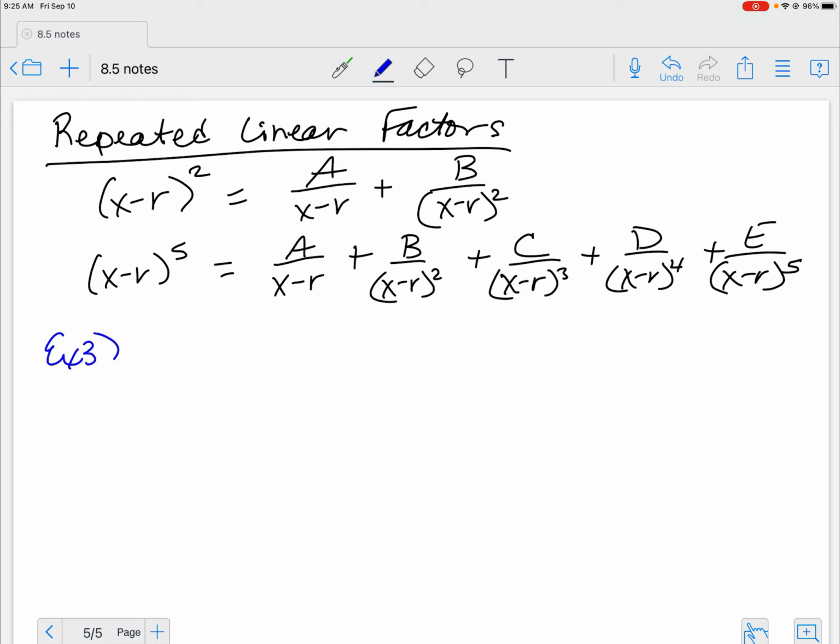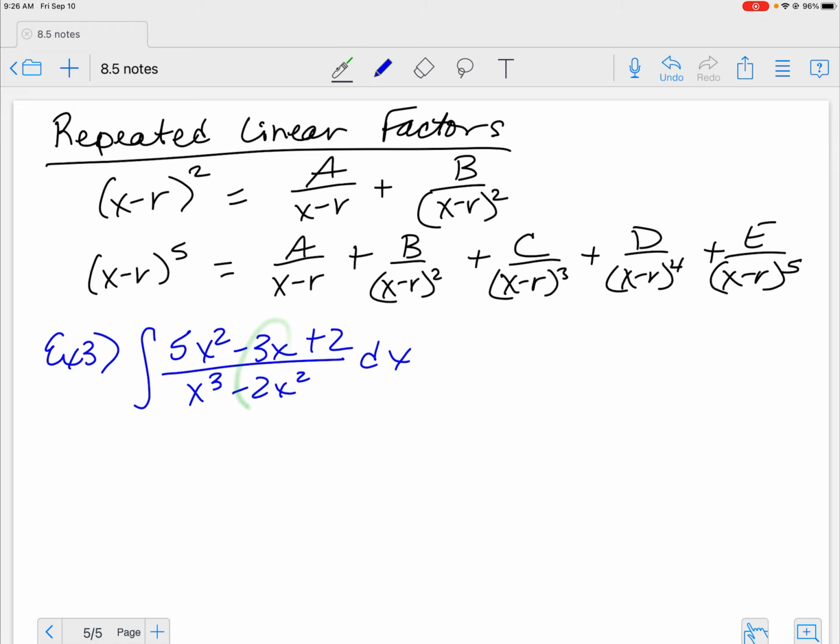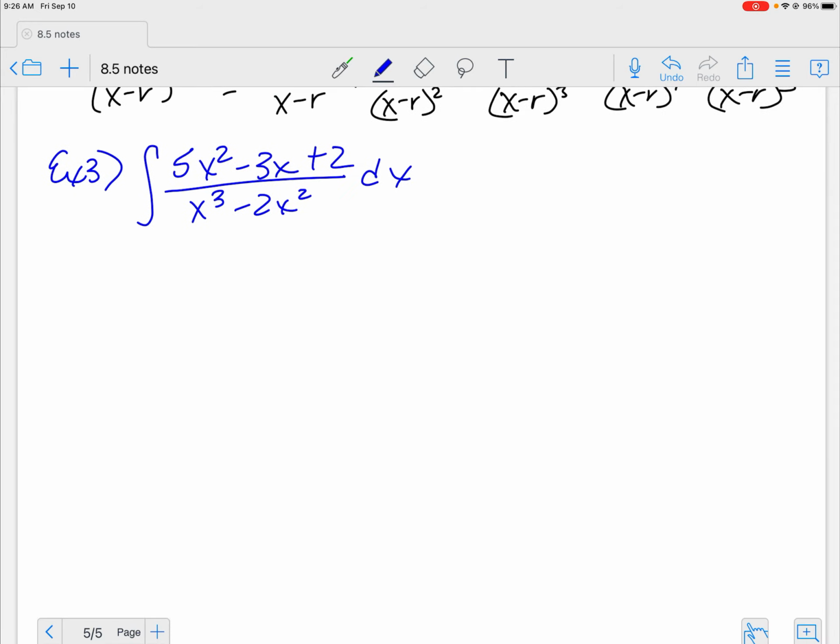So here I have example 3, and we are integrating 5x squared minus 3x plus 2 over x cubed minus 2x squared dx. The denominator is bigger. It's not something that looks like I could do a u sub with because my coefficients don't line up, right? So let's do this thing.